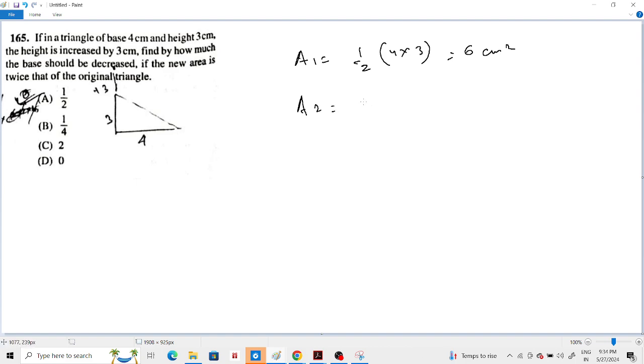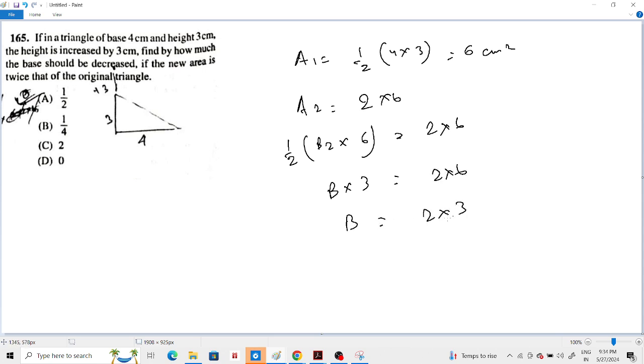New area is twice of the original, that means half into base b2 into height, which is 6. Okay, so the new base should be decreased, and the original base was 4. The answer is D.